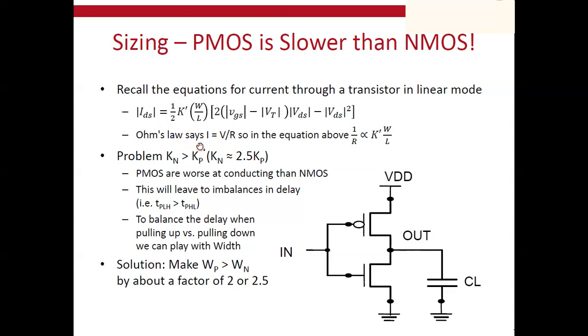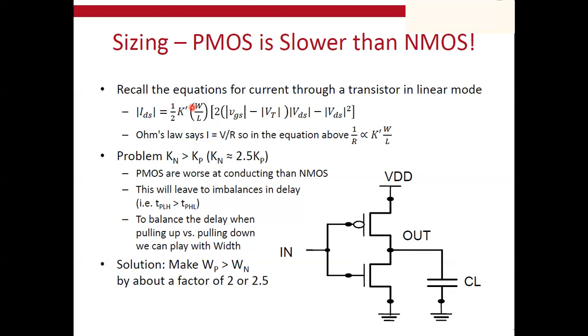So Kp is smaller than Kn. So in order to make the term K dash W over L equal on both sides, what you can do simply is compensate this difference in the W over L.